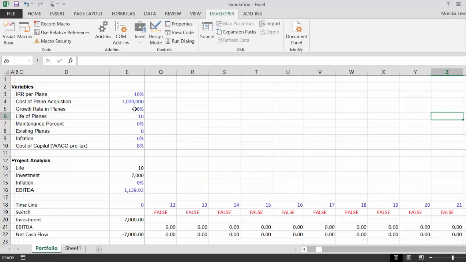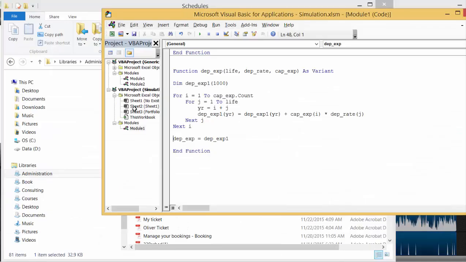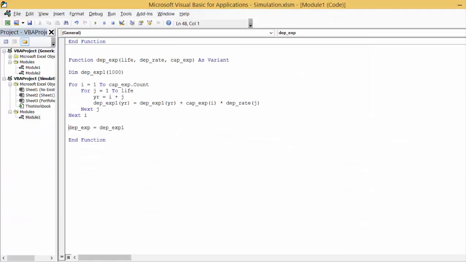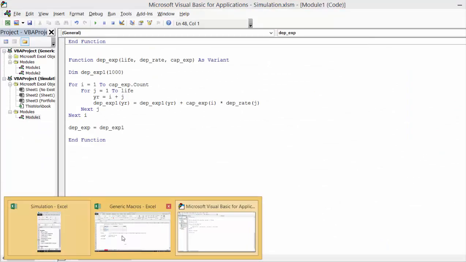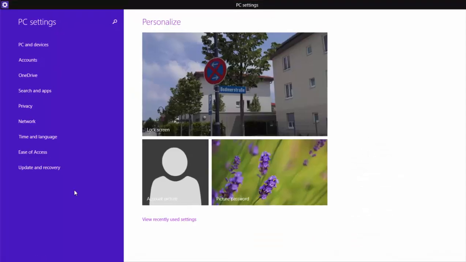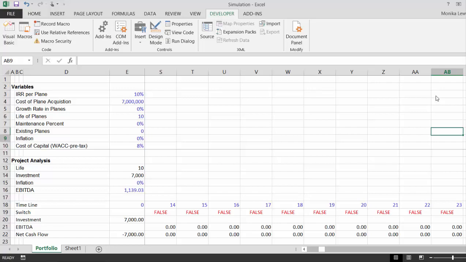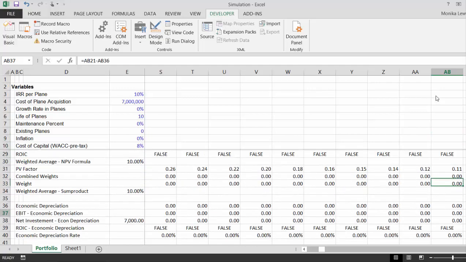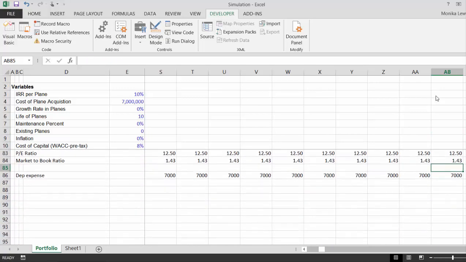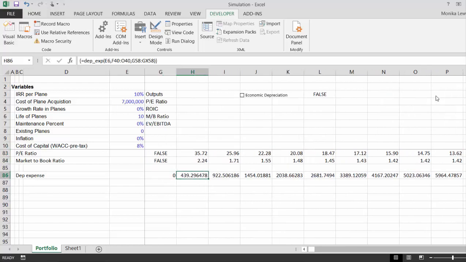That kind of checks it. What happened then? Oh, come on. That's really embarrassing. Okay, so there's our depreciation expense.